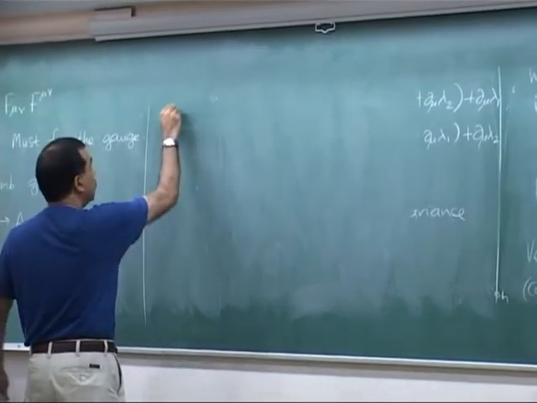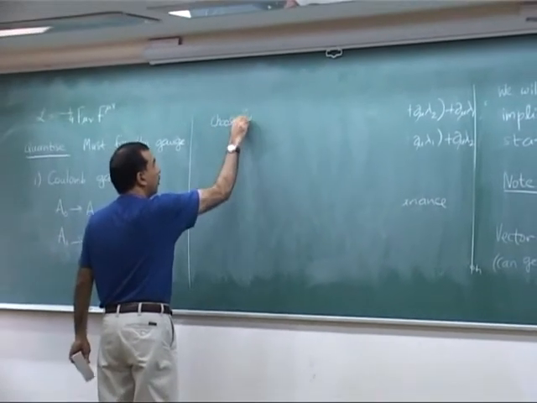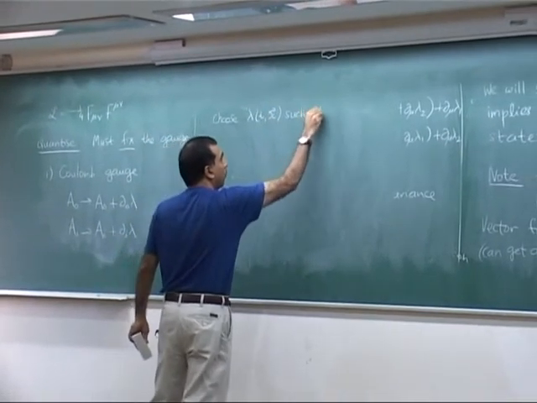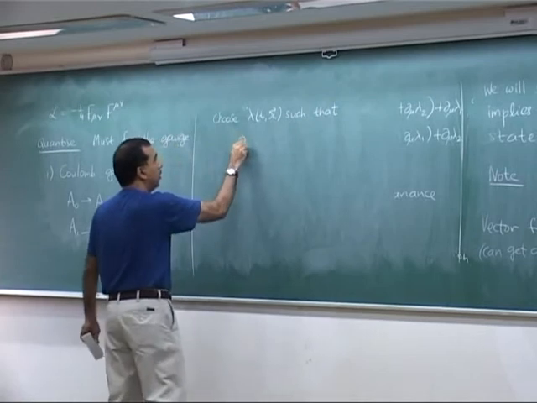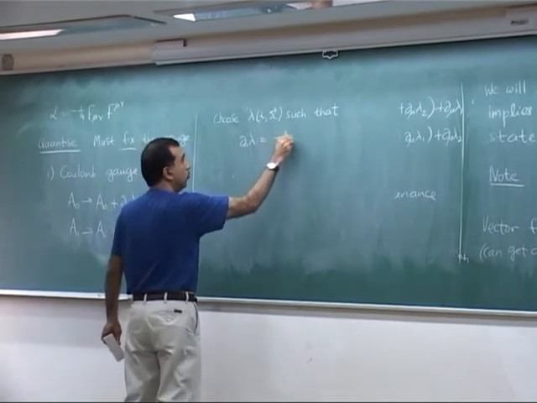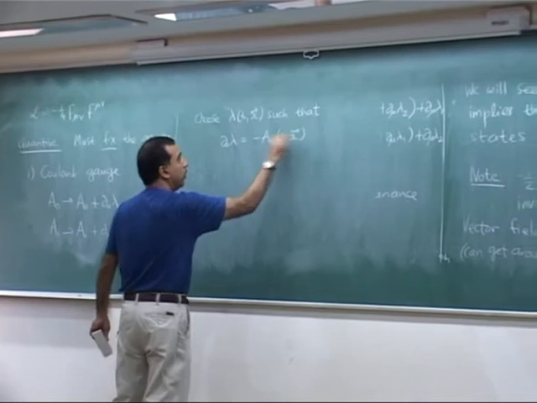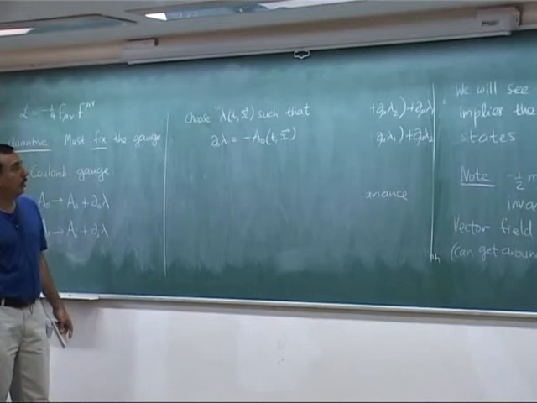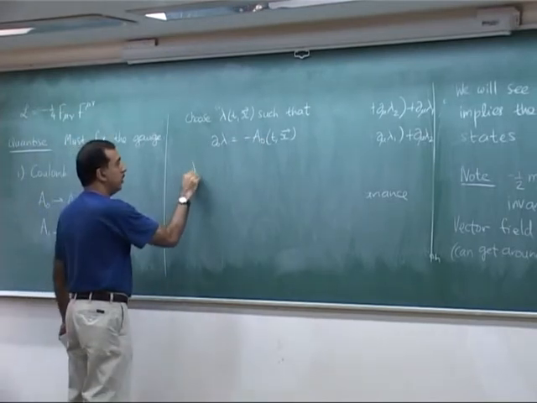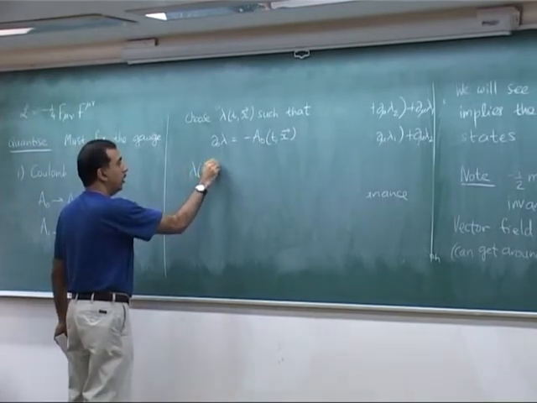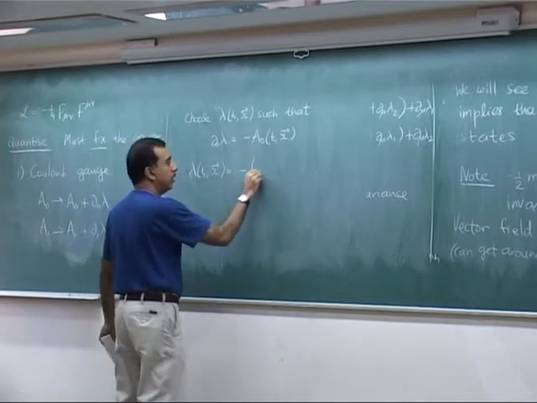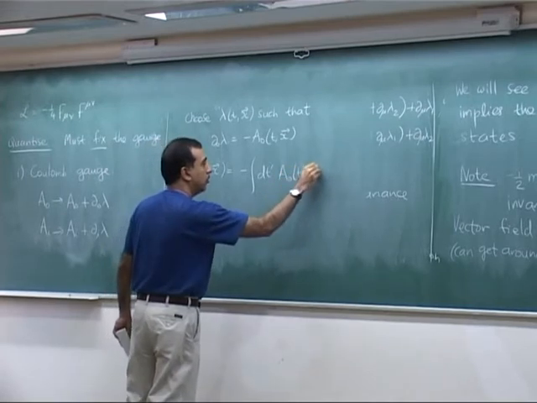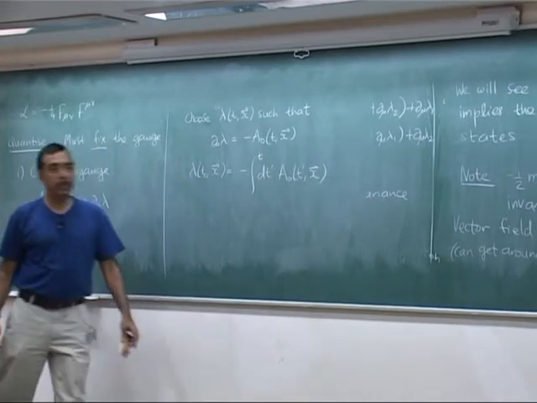So, choose lambda of t and x such that del naught of lambda is minus A0. So for any fixed configuration A0, we make that gauge transformation and it goes away. How do we find lambda like this? Very easy. So that means that lambda of t and x is simply minus integral dt prime A0 of t prime and x up to the limit t.